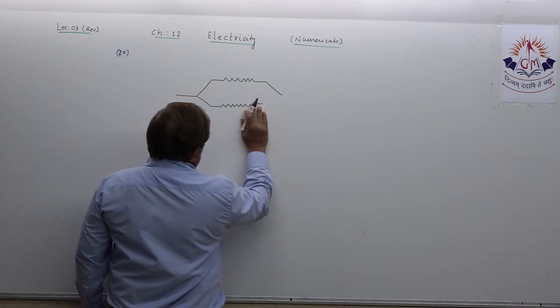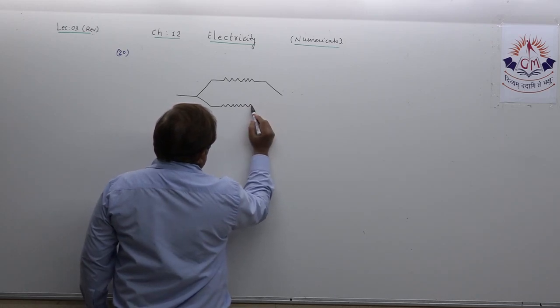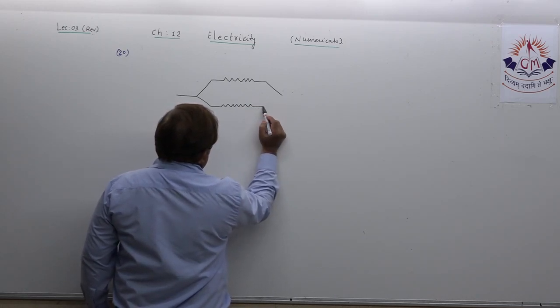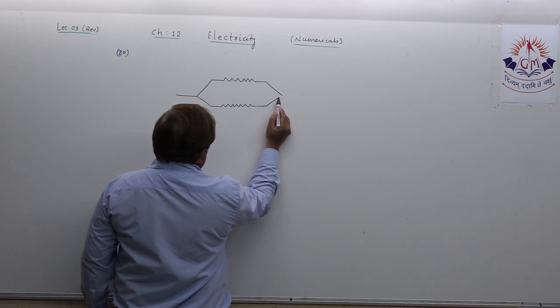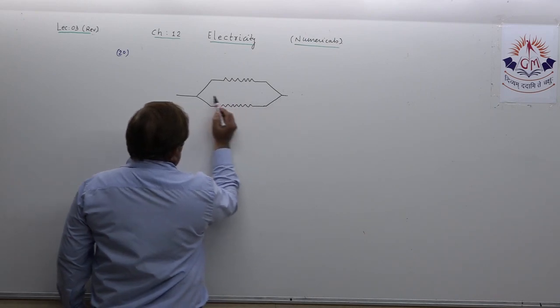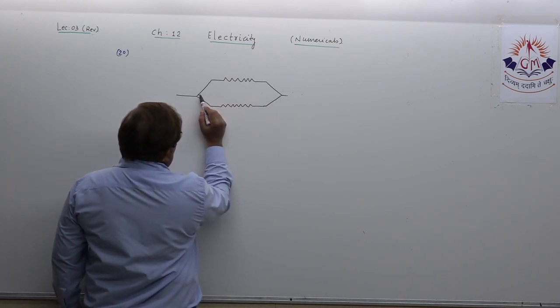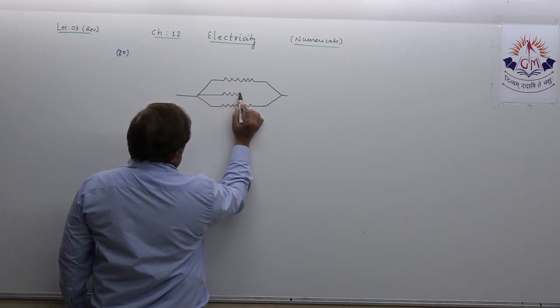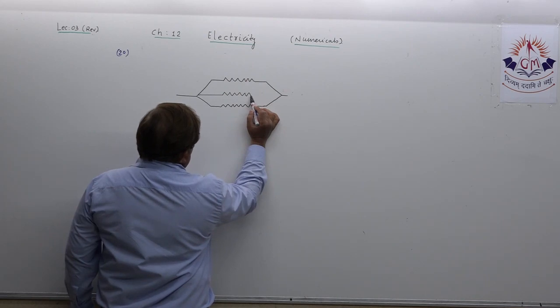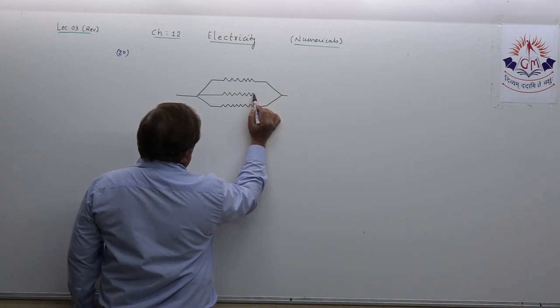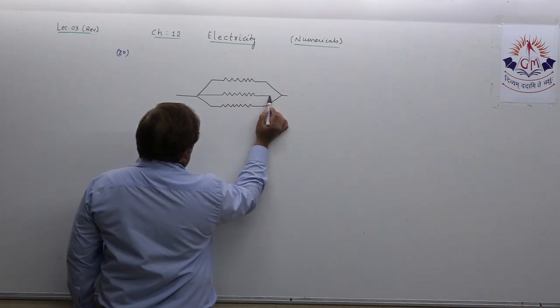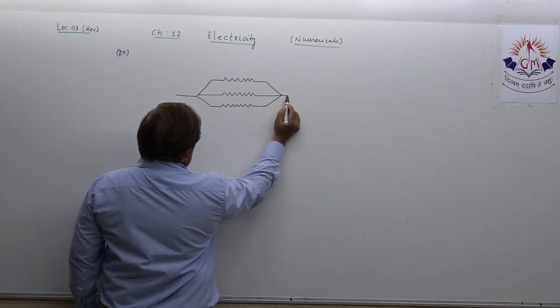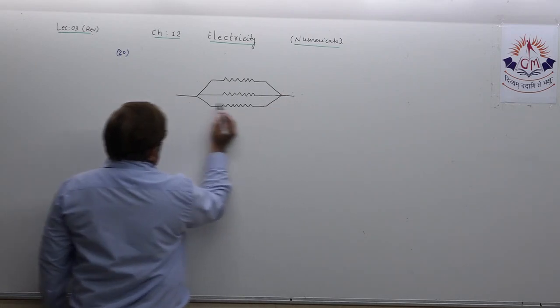The second resistor, and the third resistor in between. Three resistors are connected in parallel connection, you see.